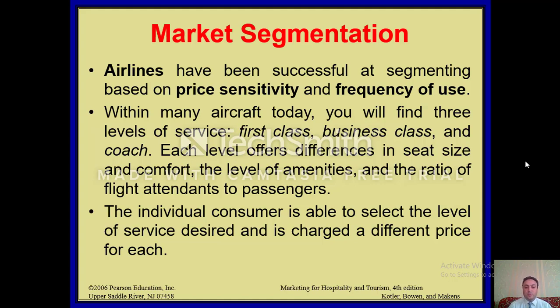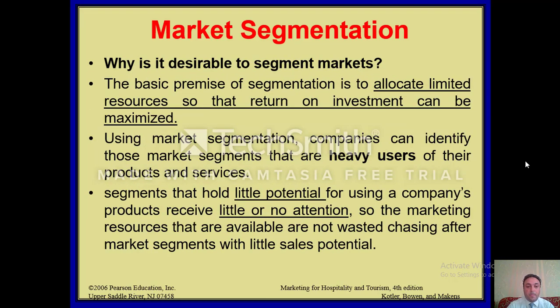So the individual consumer is able to select the level of service desired and is charged a different price for each. So these airlines make many different levels of service by segmenting the market and offering different service for each segment of this market.